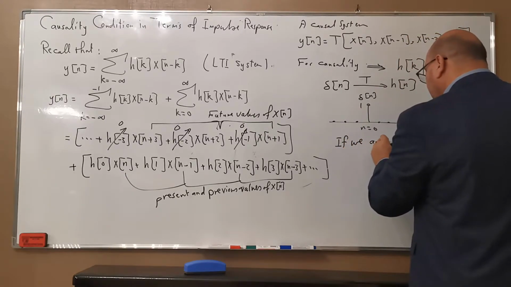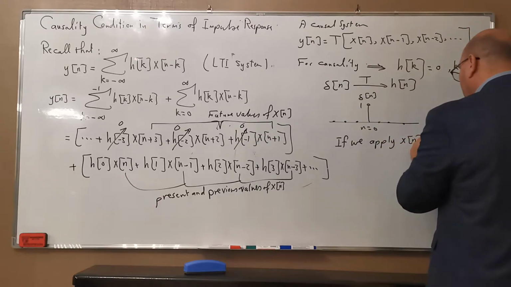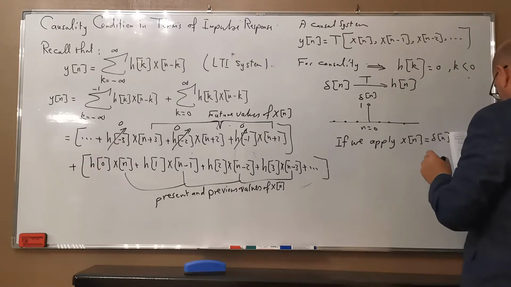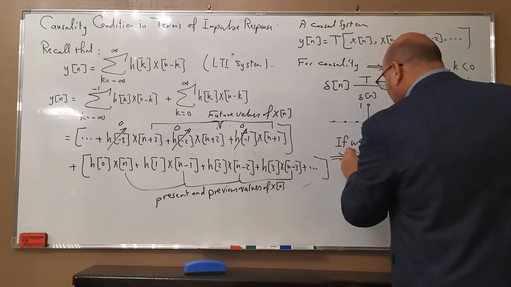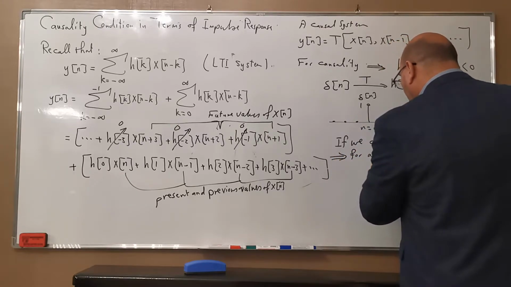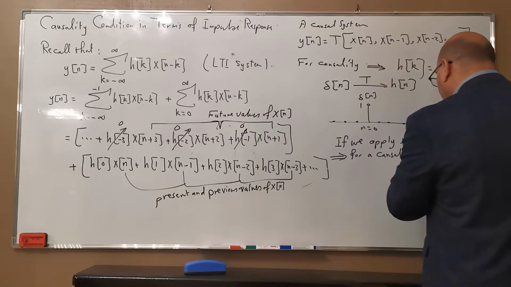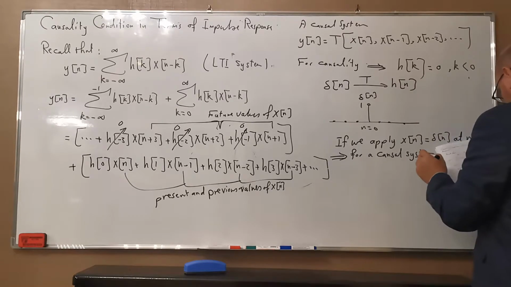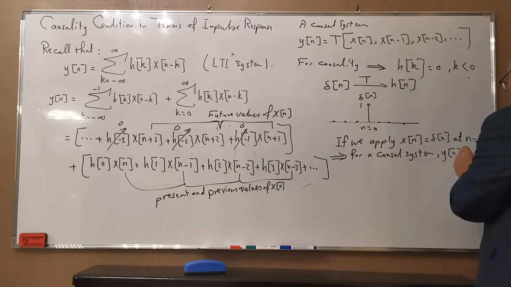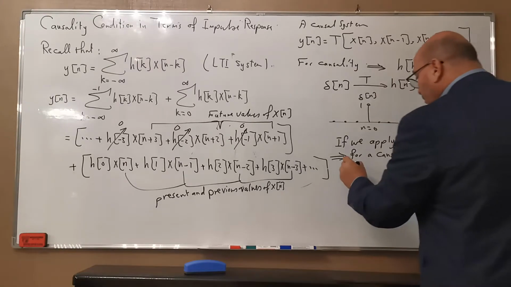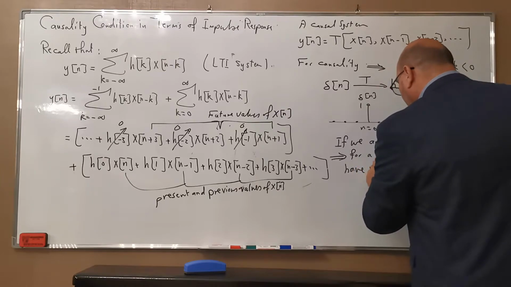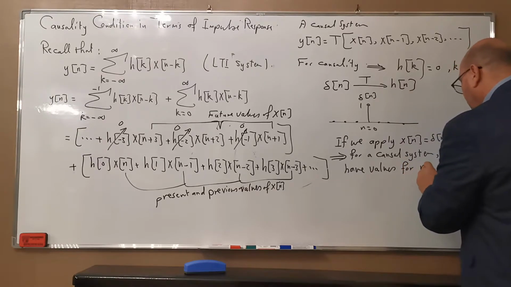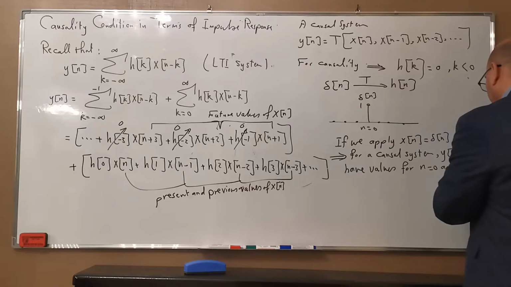Now, if we apply x of n equals delta of n at n equals 0, then for a causal system, y of n should have values for n equals 0 and above.